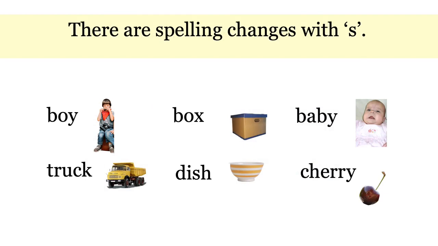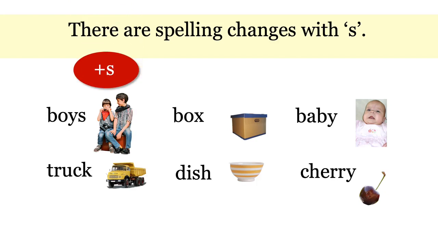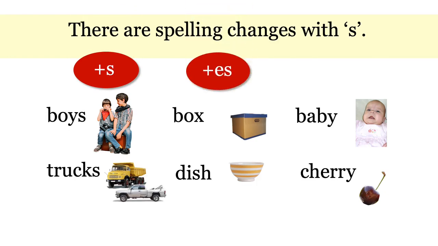There are spelling changes when you add S. Let's look at what happens when you add S to different words. First, for most nouns, we just add an S. Boy changes to boys. Truck changes to trucks. But sometimes we add ES.